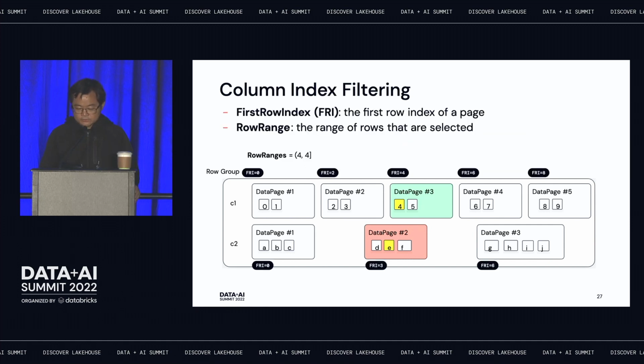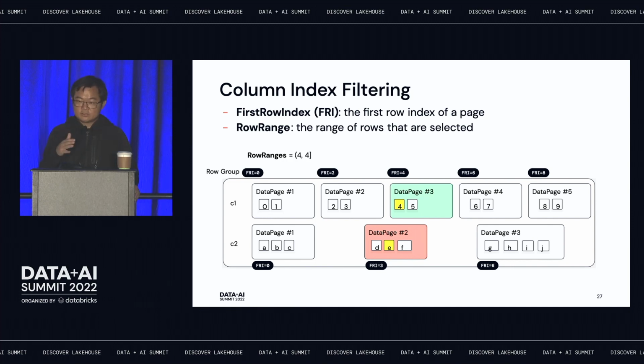In order to do that, there are two key concepts in the column index filter implementation: the first row index and the row range. The first row index is basically the first row of a page, right?